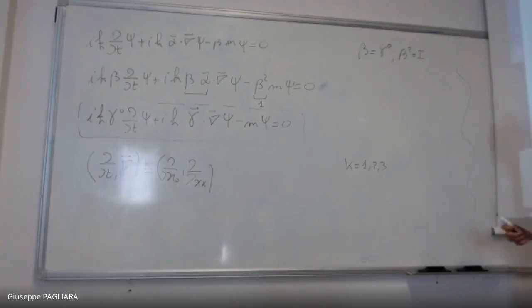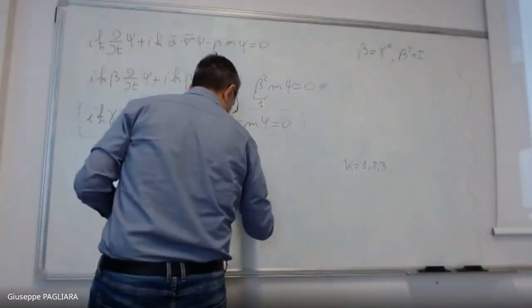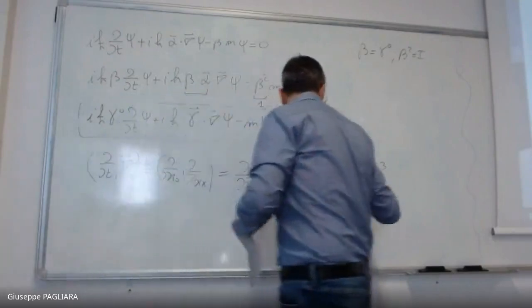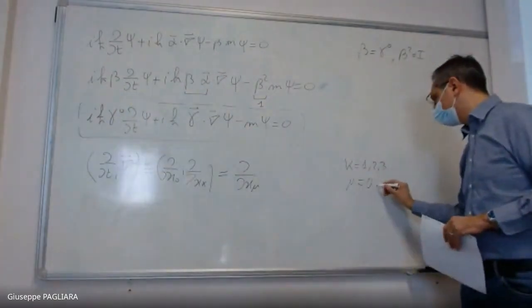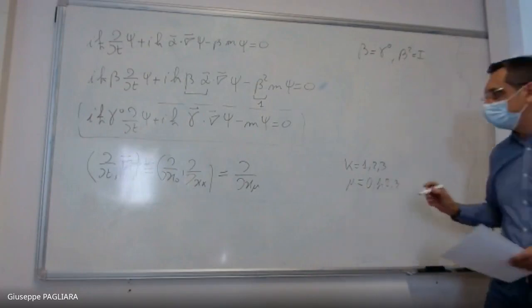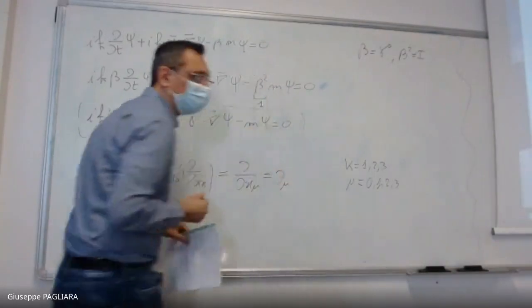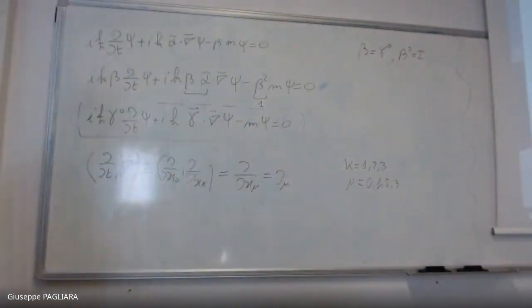We can write this as usual as partial over partial x mu, where mu is the Lorentz index 0, 1, 2, 3, or even more compactly as partial mu.